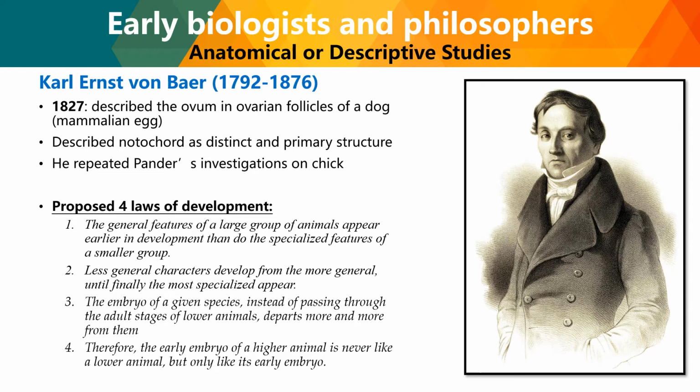So, nagkakaroon na ng, kumbaga, laman yung theories, or combined theories, of these early biologists. So, from here, he is already believing that nagkakaparehas lang ang higher animals at lower animals during its early embryonic period. Okay?